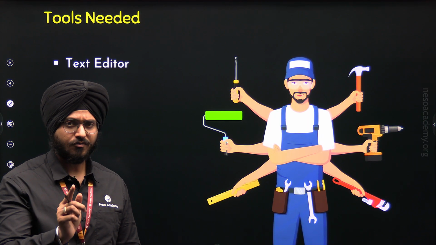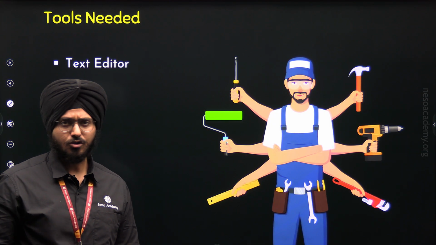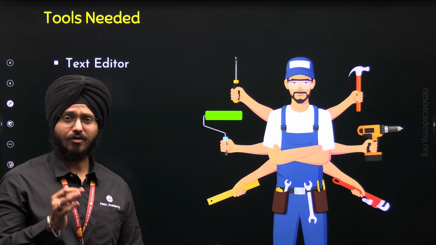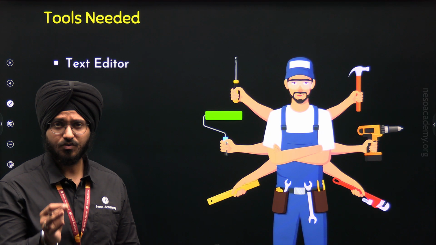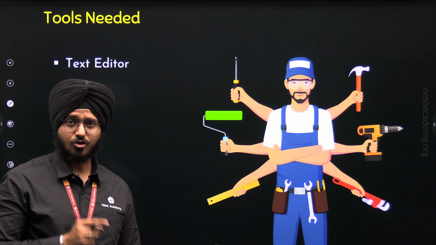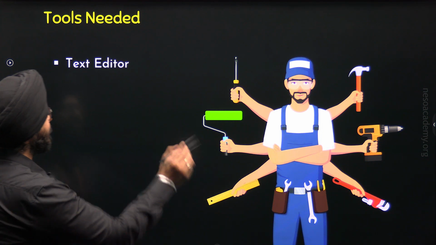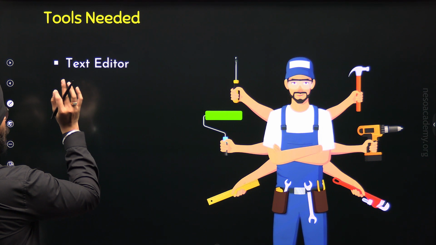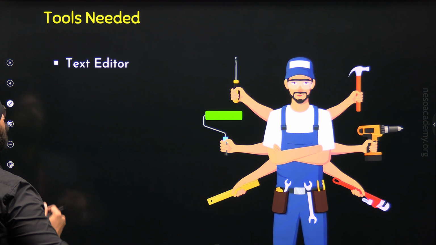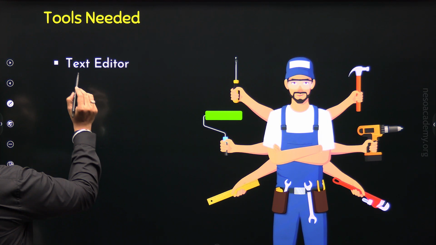There is only one software we need to install, and with that software, we will get all the tools we need for the purpose of writing and executing our own C++ programs. You will learn about that software in this lecture pretty soon. But for now, just understand that we need text editor or precisely the code editor for the purpose of writing C++ programs. So this is the first tool.